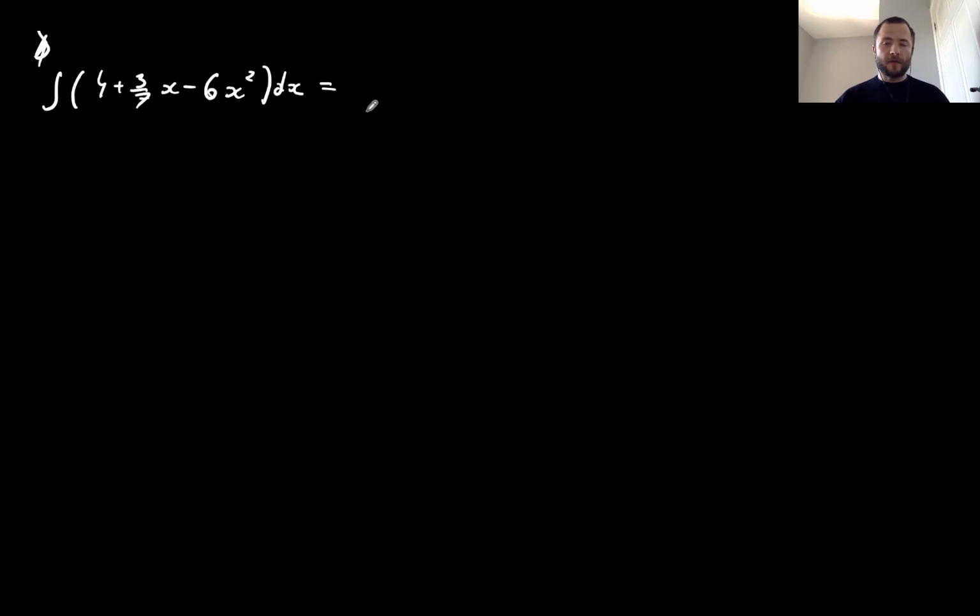That will turn into 4x, and then 3 over 7x will be plus 3 over 7, just for the sake of reminding ourselves what we're doing, 3 over 7 x to the 1 plus 1 all over 1 plus 1. Note x to the power of 1, so I have to add 1 and then divide by the resulting number, and then minus 6x to the power of 2 plus 1 divided by 2 plus 1.